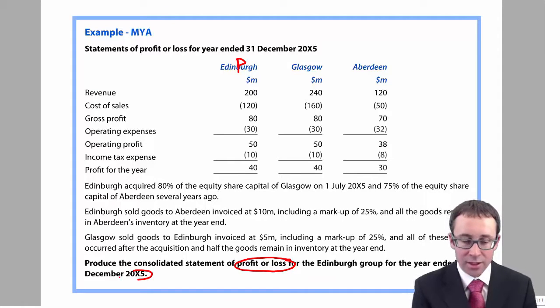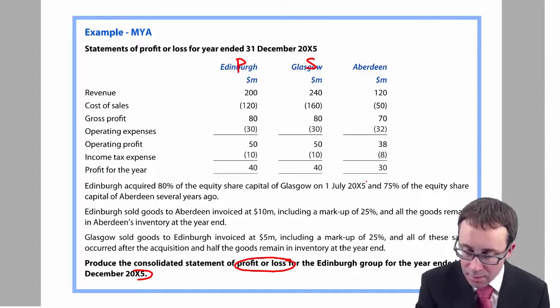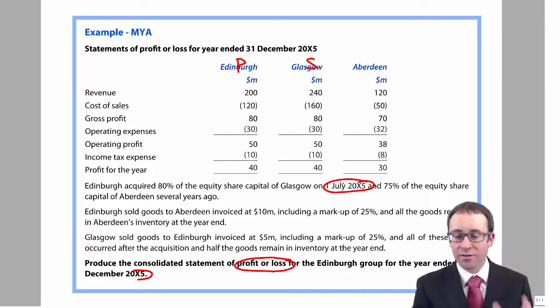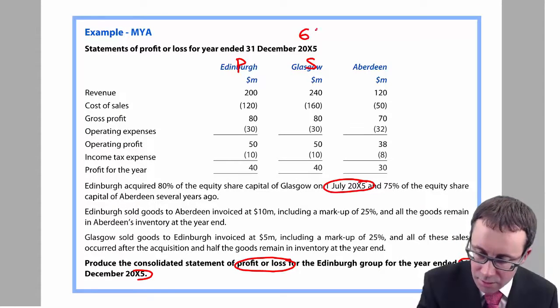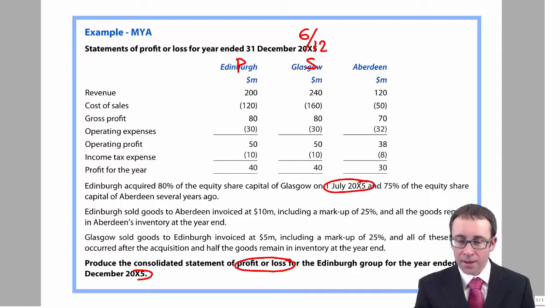It tells us in the additional information Edinburgh acquired 80% of the equity share capital of Glasgow, so Glasgow must be a subsidiary. Key bit is that this is on the 1st of July 20x5. Year ended December x5, so we have July, August, September, October, November, December. So that is 6 months, isn't it? So we will consolidate 6/12 of the results of Glasgow.